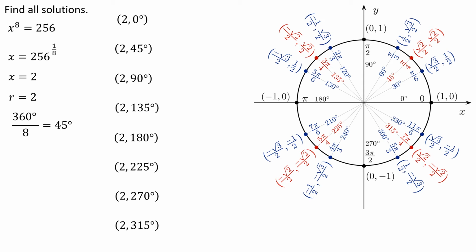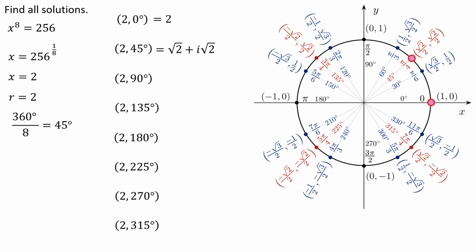Now, if I want it written in complex form, well, 1 comma 0. So I got to do 1 times 2. And I got to do 0 times 2i. 45 degrees. Let's do 2 times root 2 over 2. And let's do 2i times root 2 over 2.